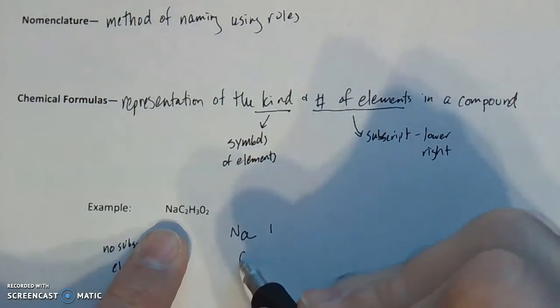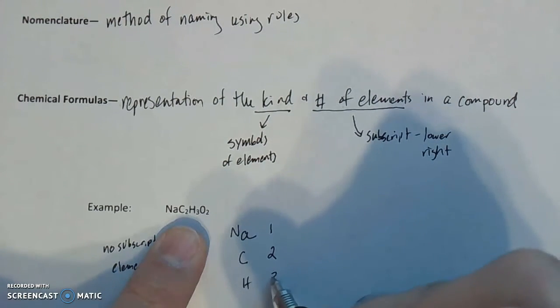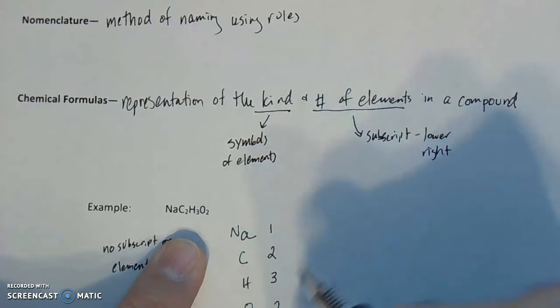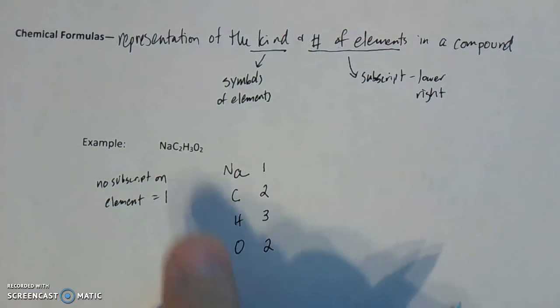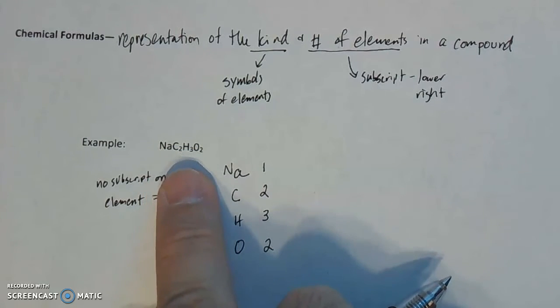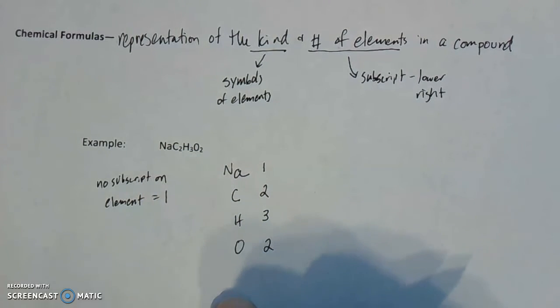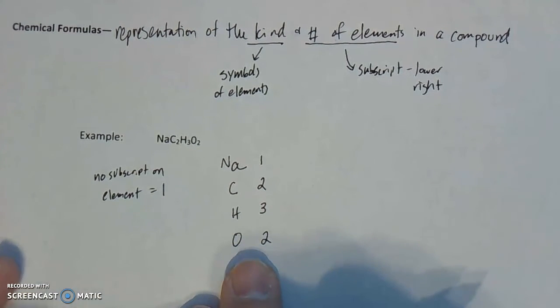But we have a subscript of 2 after C, so we have 2 atoms. Hydrogen has 3, and oxygen has 2. This is going to be important when we go to name things, because we're going to see that some things have more than one possible charge when they're an ion. So this is going to be very, very important when we go to name things.